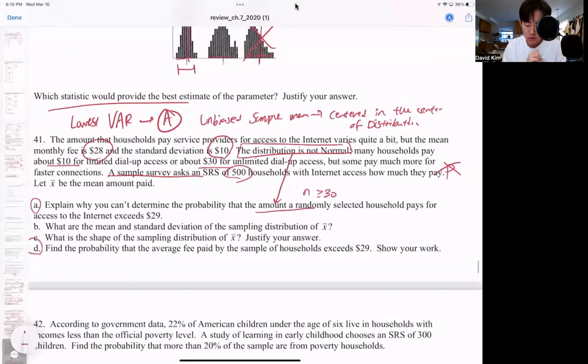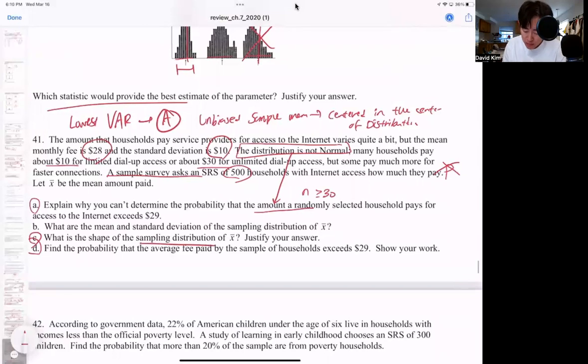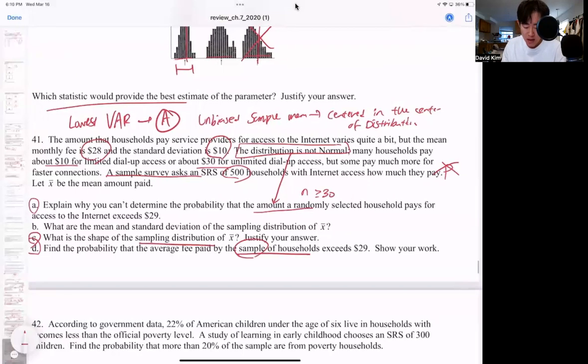Well, that is really meant for parts C and D, because we're talking about sampling distributions. There's the word sample there. But we can't do it for part A because part A is talking about the population. You don't know the population distribution. Actually, better yet, you know it's not normal. So you can't assume that a normal CDF is fair game here, because you don't know the shape of the distribution.